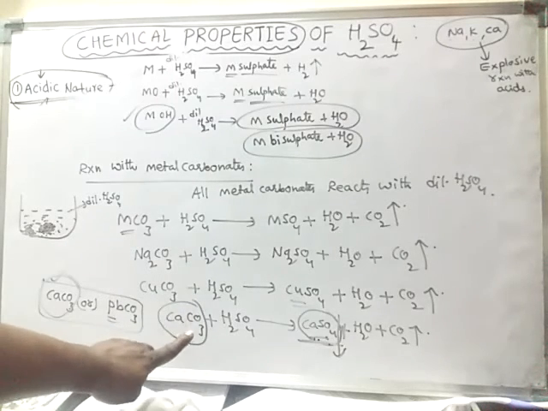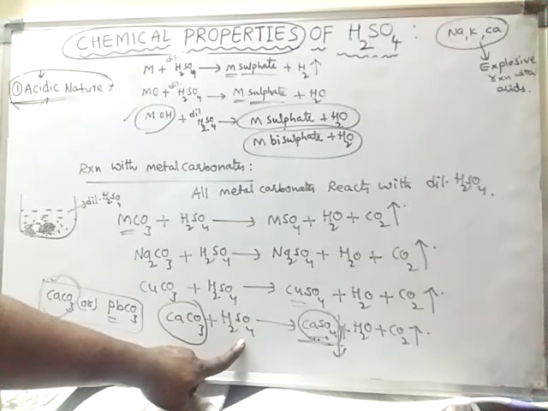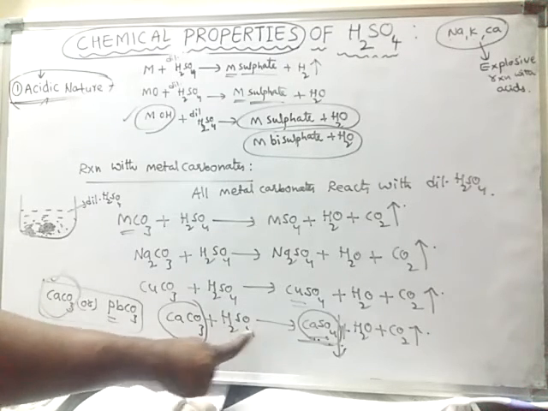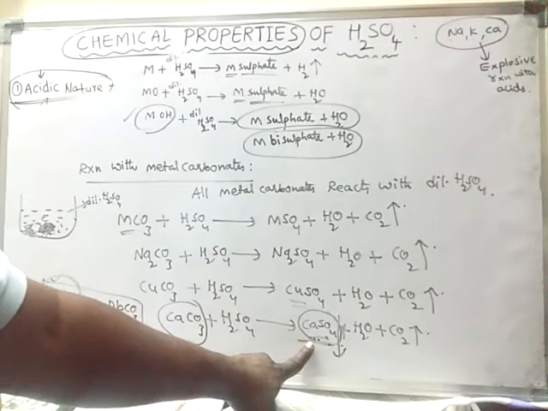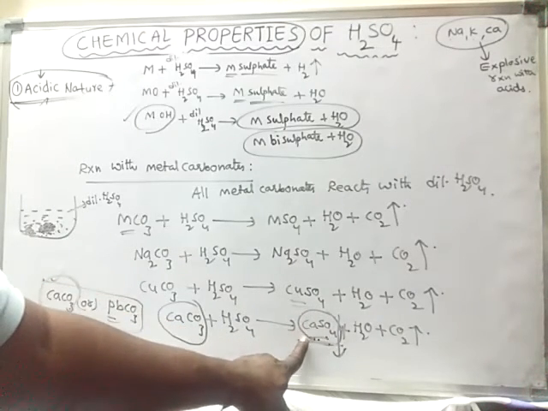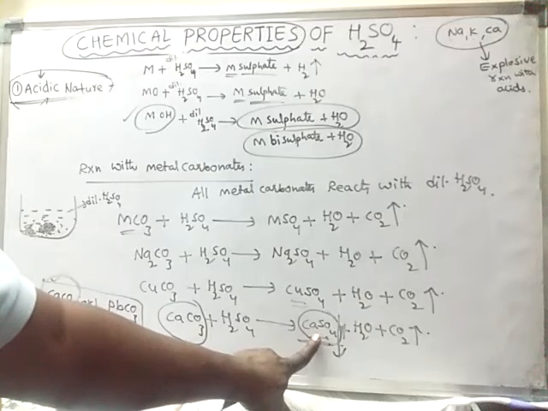So initially only a little amount of calcium carbonate will react with the dilute sulfuric acid. Calcium sulfate is formed, and soon after its formation, as it is insoluble, what happens?